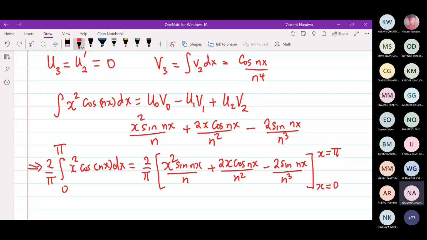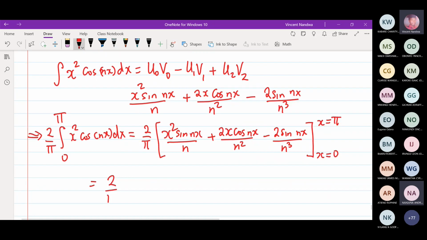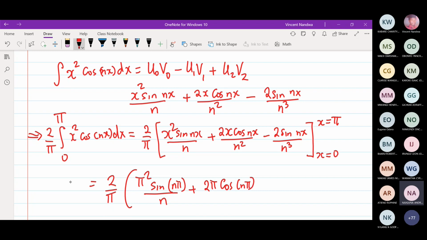So the only thing that matters is 2 over pi times pi squared sine of n pi over n plus 2 pi cosine of n pi divided by n squared minus 2 sine of n pi over n cubed. So that'll be the only value, because the lower limit will be 0.